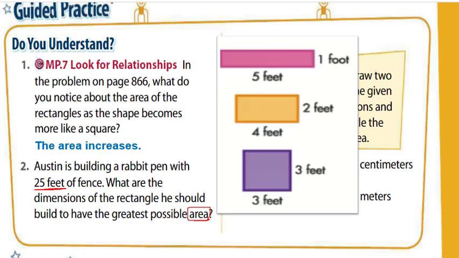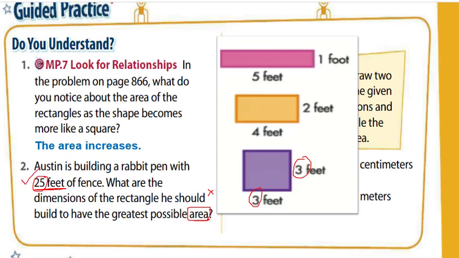First of all, quickly tell me, when we are finding the area, are we adding or are we multiplying? Excellent. We are multiplying 4 sides or the 2 sides? Excellent. The 2 sides given to us, we will multiply the sides and get our area. Now we have the number 25 in the question.